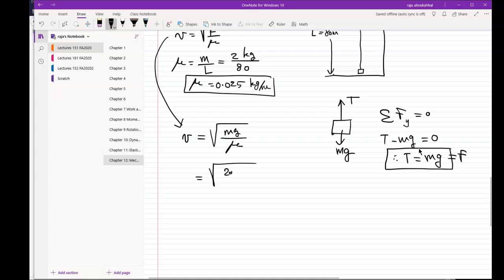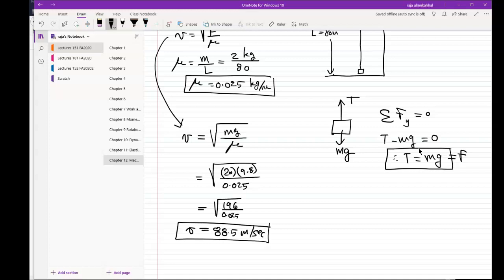That's 20 times 9.8 divided by mu, which I just calculated as 0.025. When we calculate all of that, I end up with the square root of 196 divided by 0.025, and the velocity in this case will be 88.5 meters per second. There we go.